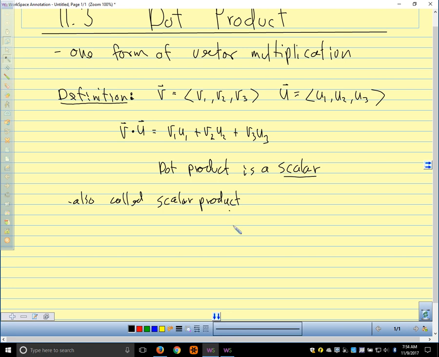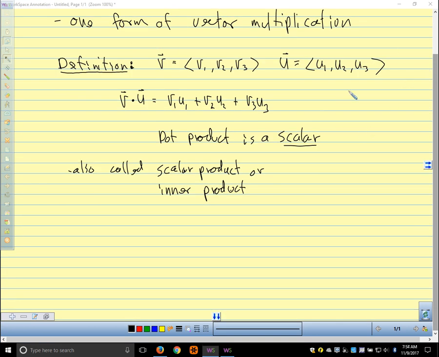In the context of linear algebra, when you can represent vectors as matrices, you'll also hear it called the inner product. So just a couple of different terms. Scalar product is more common than the inner product. Inner product is a little more specialized terminology. Dot product is pretty common. All right, so it's an easy operation to perform. Let's talk about some properties.